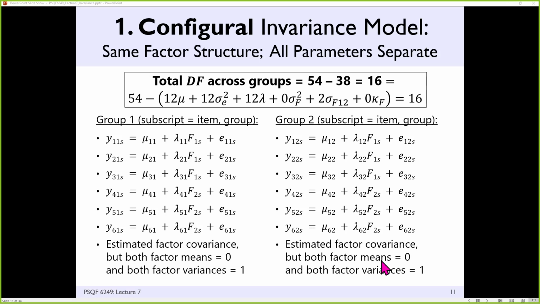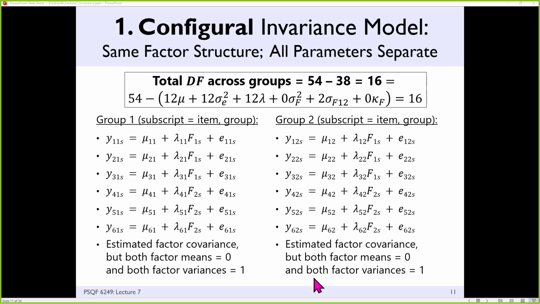But that same item would still have its intercept estimated so that the factor mean must be 0. It's like an off combination. That's most frequent. It's very rare that you would free the factor mean and fix one of the intercepts to 0, but that is a choice. That would show up in longitudinal analysis more frequently.